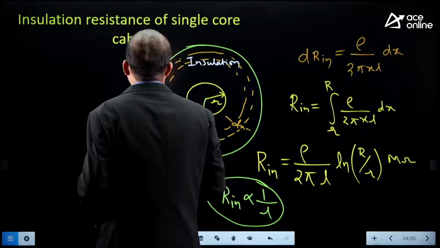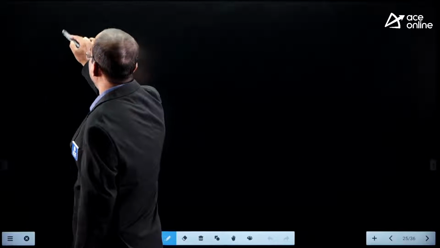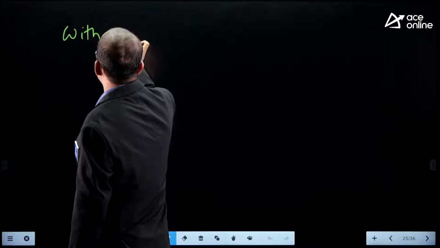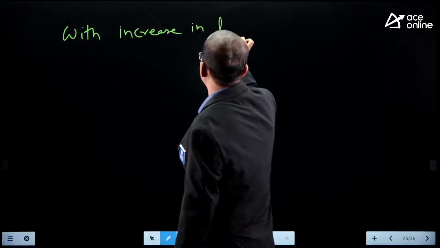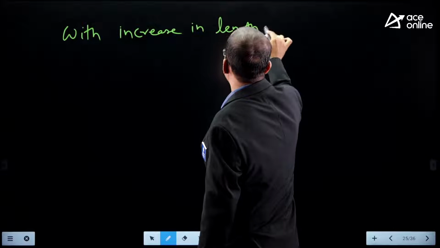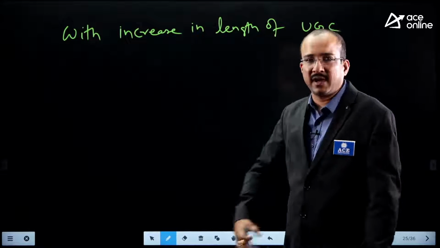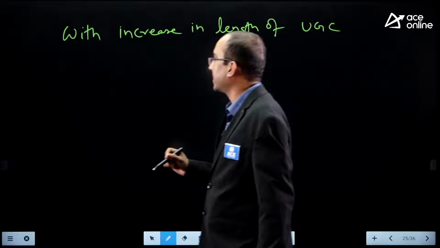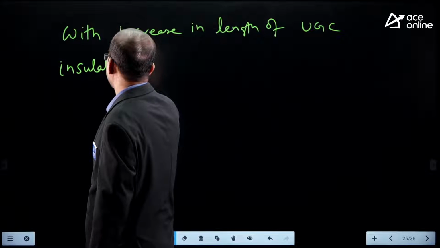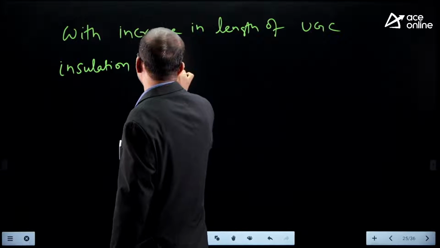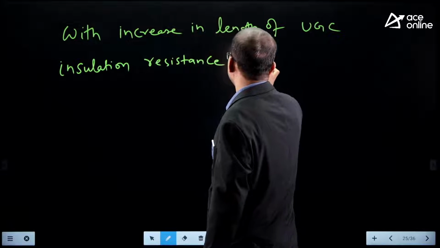So with an increase in the length of the underground cable, insulation resistance decreases.